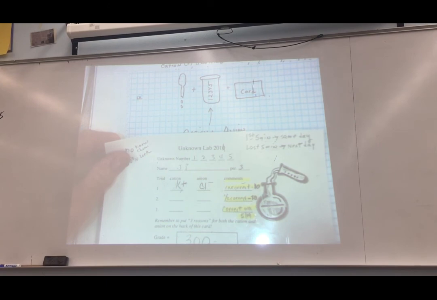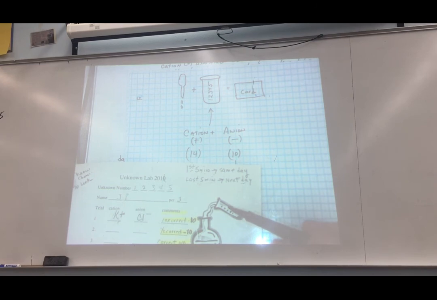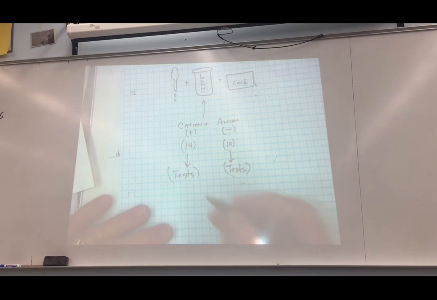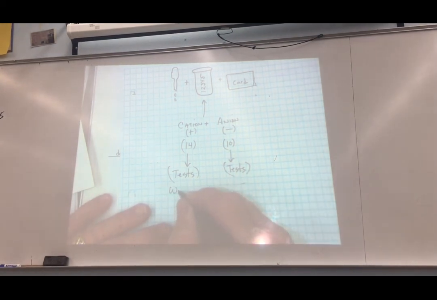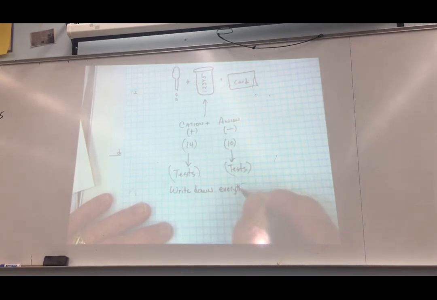And I will check it the first 5 minutes and the last 5 minutes of the period. All right? Part of the success in the lab is you want to write down everything you do.